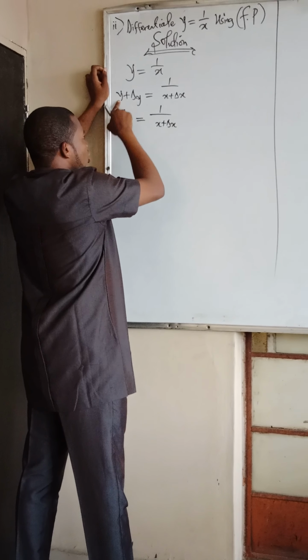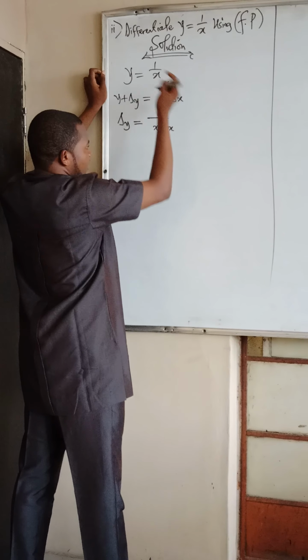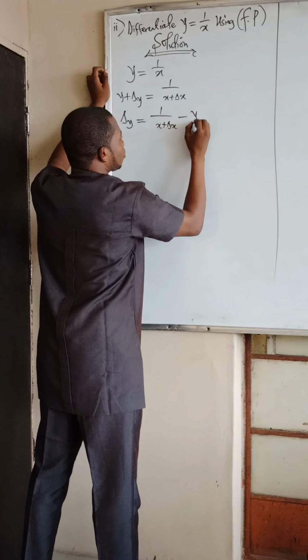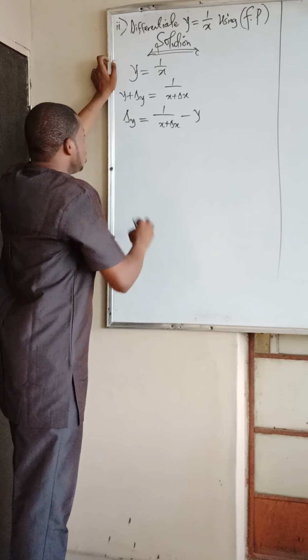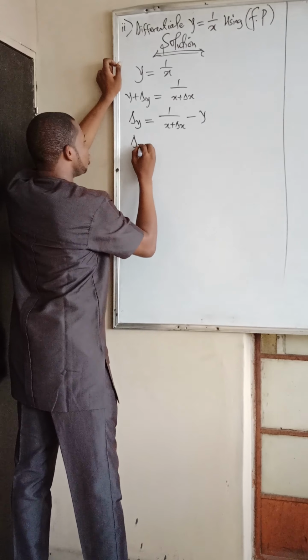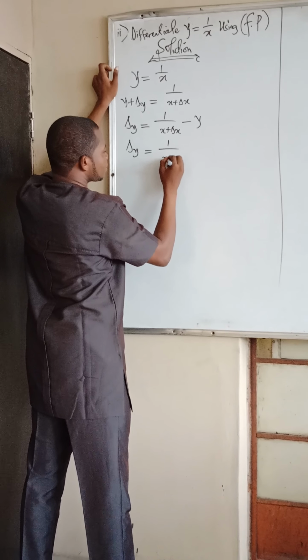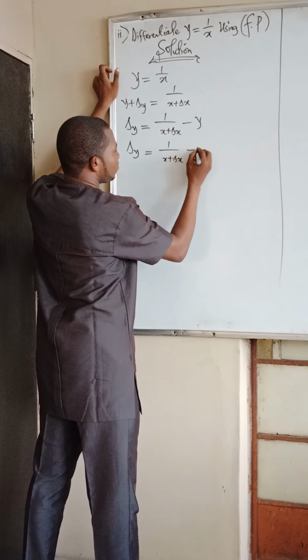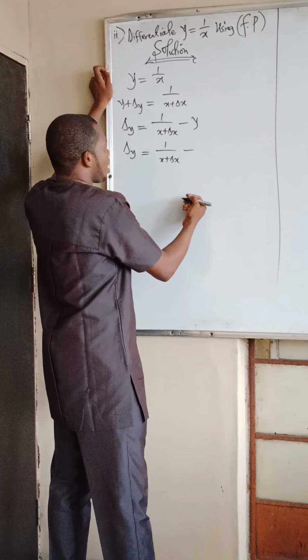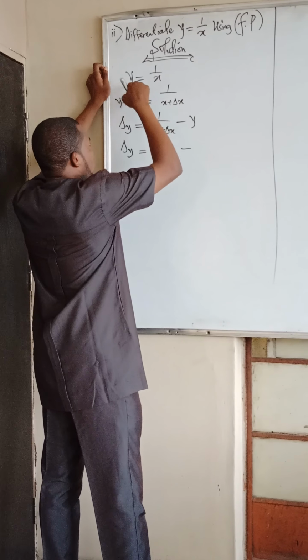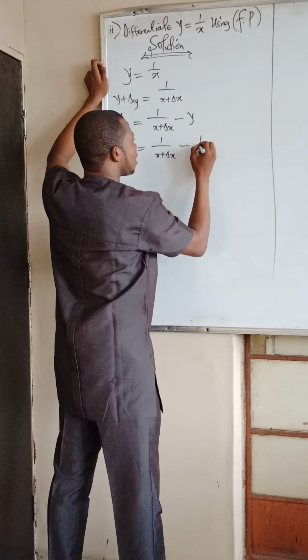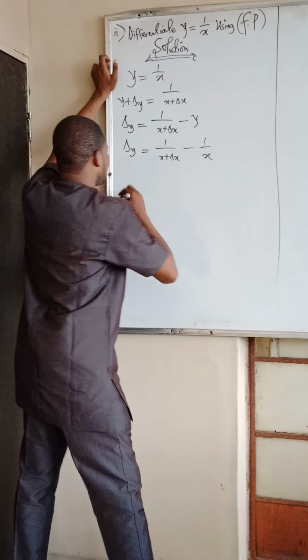Y here is positive, so the equality sign changes it to negative, because minus y. So from here, I have change in y giving me 1 over x plus change in x minus y. What is my y? Initially, we said that y is equal to 1 over x. So I have 1 over x.